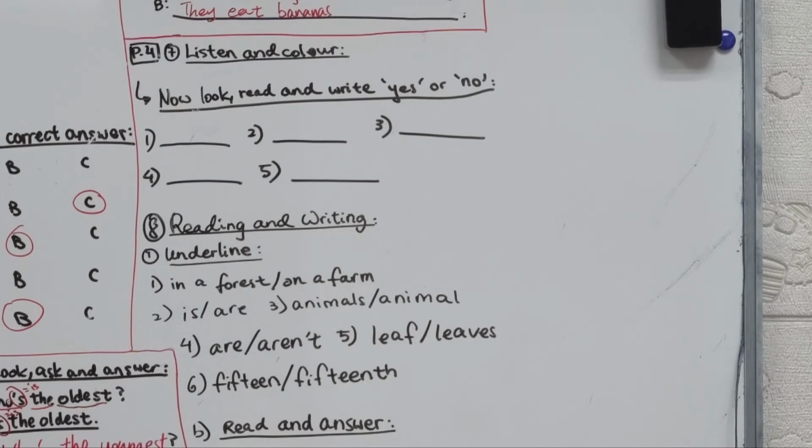What color is the python? Colour the python green. Yes, the python is green. Look at the snail. Can you see it? Yes, I can see the snail.